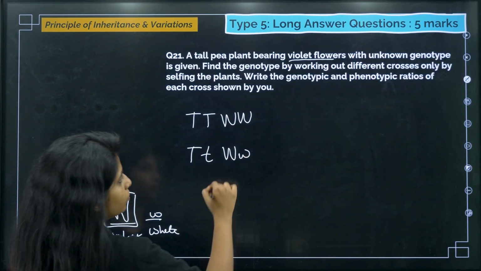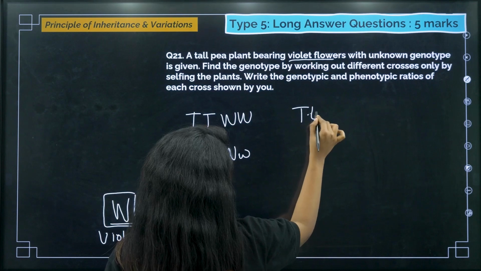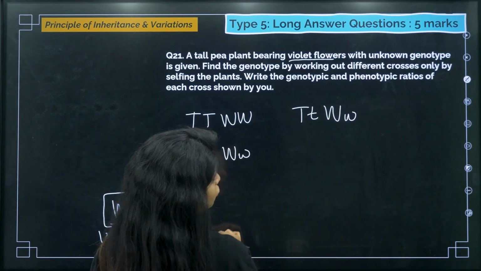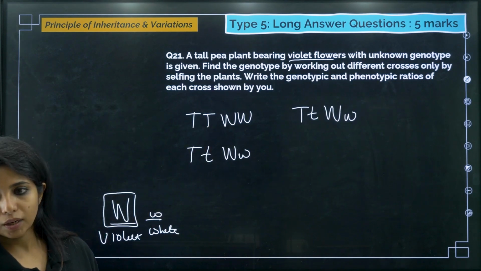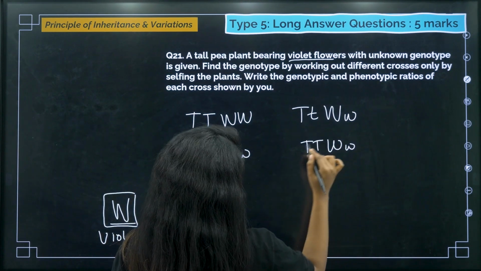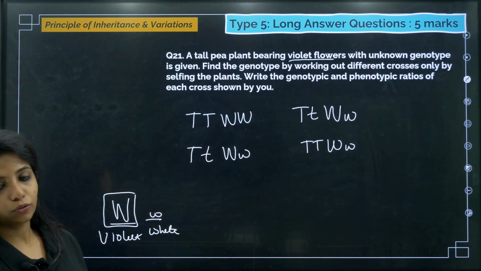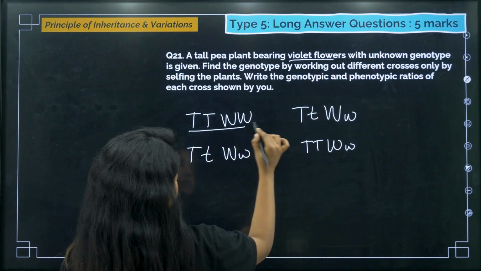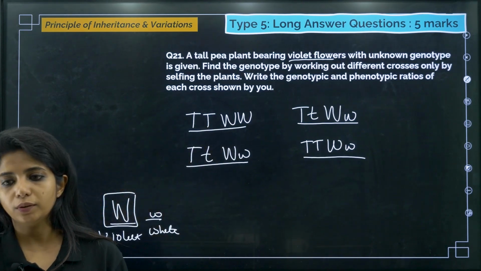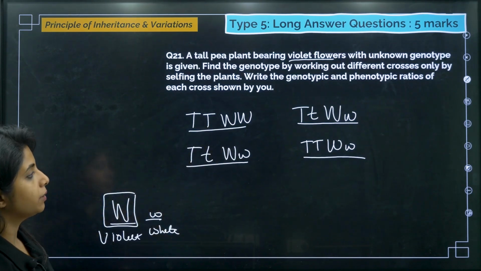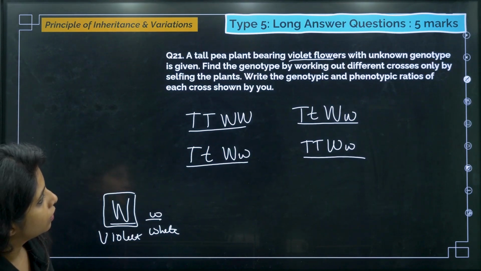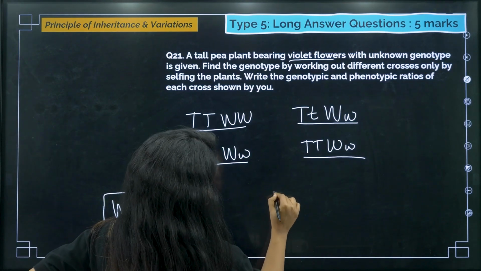Now the conditions can be like this, or it can be like this also. So many conditions are there which make it tall and white. Whatever you do, all of them are tall and white. Fine. Now, one more condition.